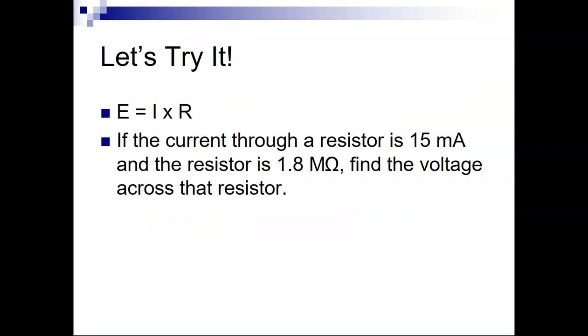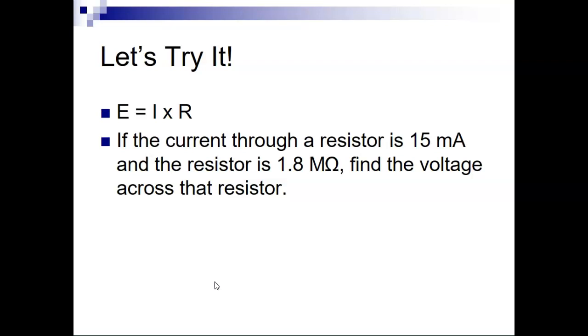All right, so if the current through a resistor is 15 milliamps and the resistor is 1.8 meg, what is the voltage? Let me get my calculator. It's 27 milliamps.